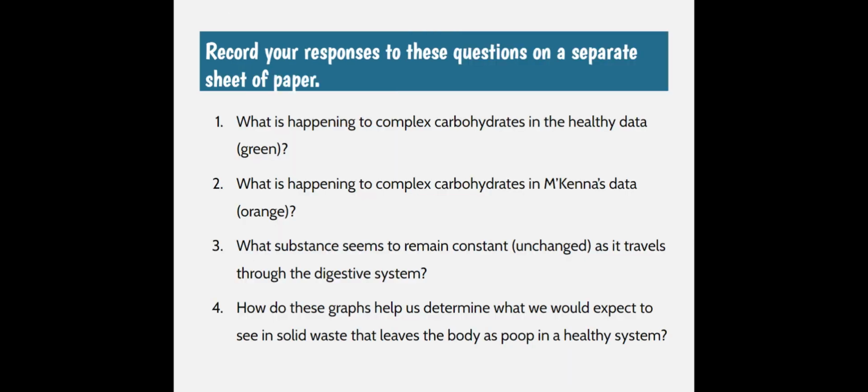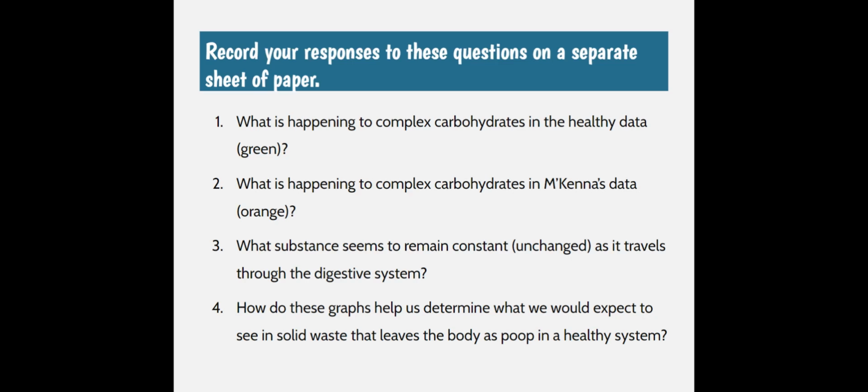All right, I want you to record your answers to these questions on that separate sheet of paper. What is happening to the complex carbohydrates in the healthy data? What is happening to the complex carbohydrates in McKenna's data? What substance seems to remain constant, meaning unchanged, as it travels through the digestive system?